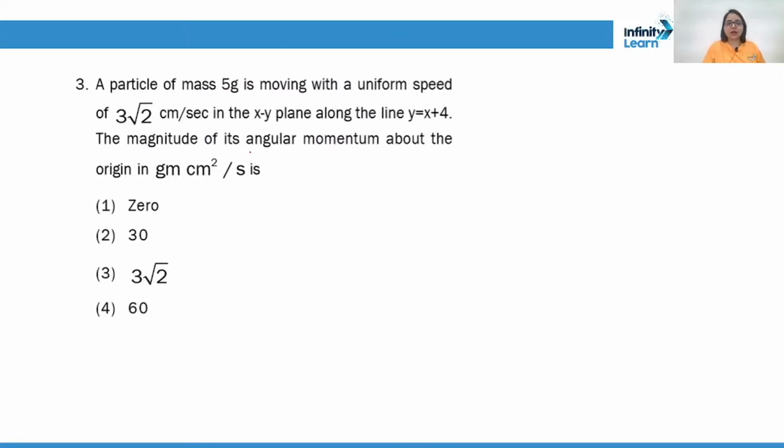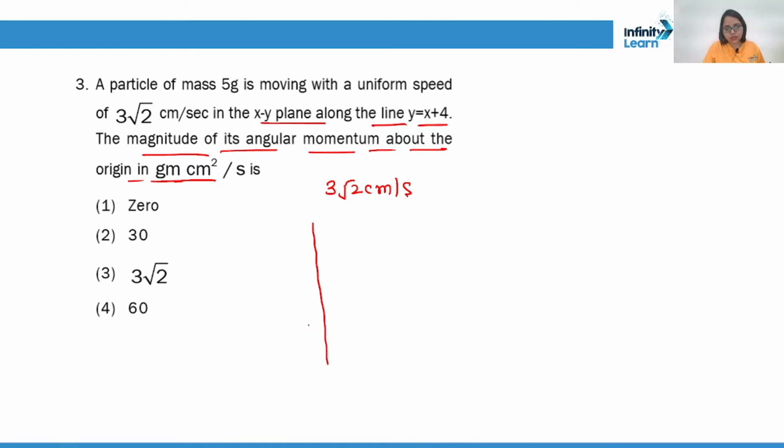Question number 3. A particle of mass 5 kg is moving with uniform speed 3 root 2 centimeter per second in the xy plane along the line y is equal to x plus 4. The magnitude of its angular momentum about the origin in gm centimeter square per second is.